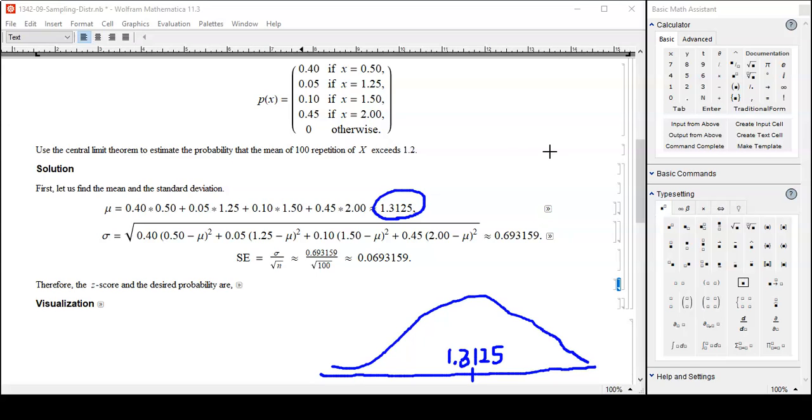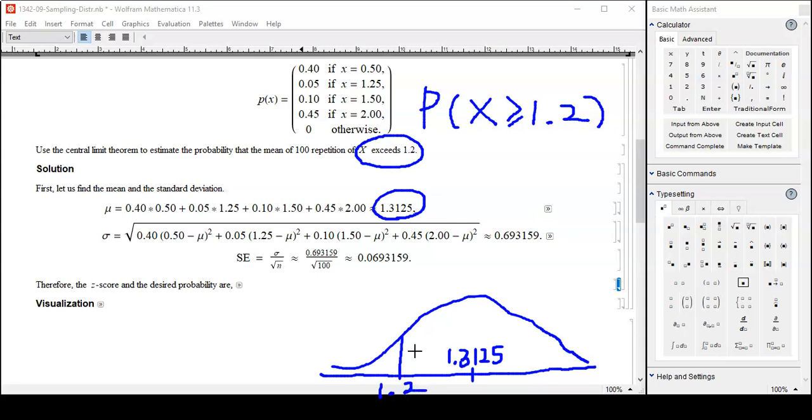Okay, and then we want the probability that this random variable given by the sampling distribution of sample mean exceeds 1.2. So this is what we want, 1.2. Now, where is 1.2? 1.3125 is here, so 1.2 has got to be here. 1.2.